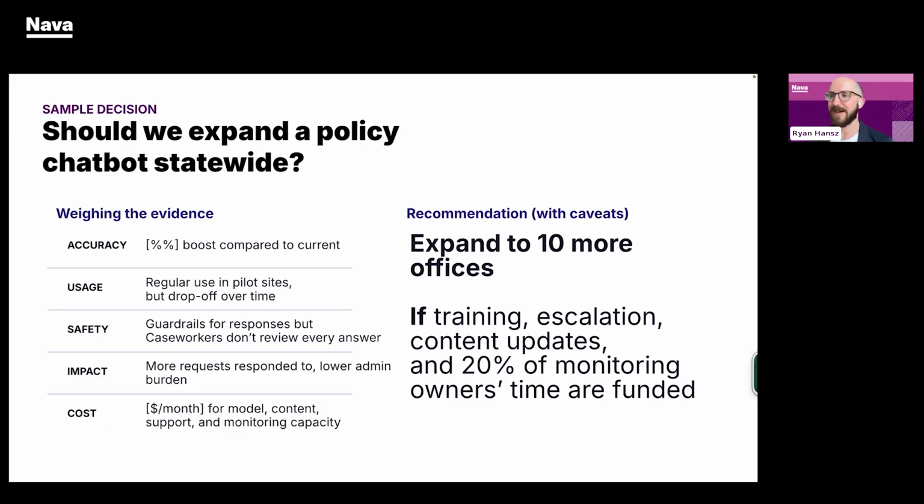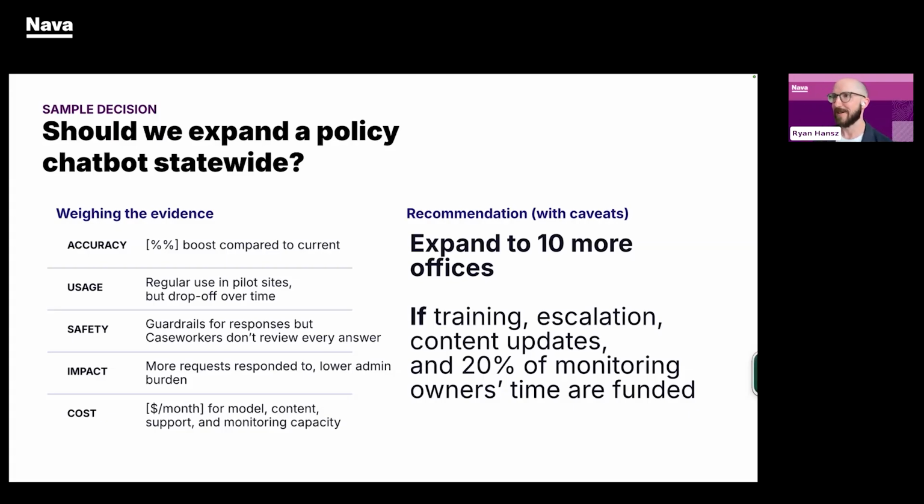Also balancing that with impact. So in this scenario, we're seeing they're able to respond to more requests, get more client requests responded to, lower administrative burden, and then putting cost and everything else into that picture. So kind of putting everything out on the table, having some sort of group decision-making process or individual decision-making process, depending on your context, to come up with a recommendation.